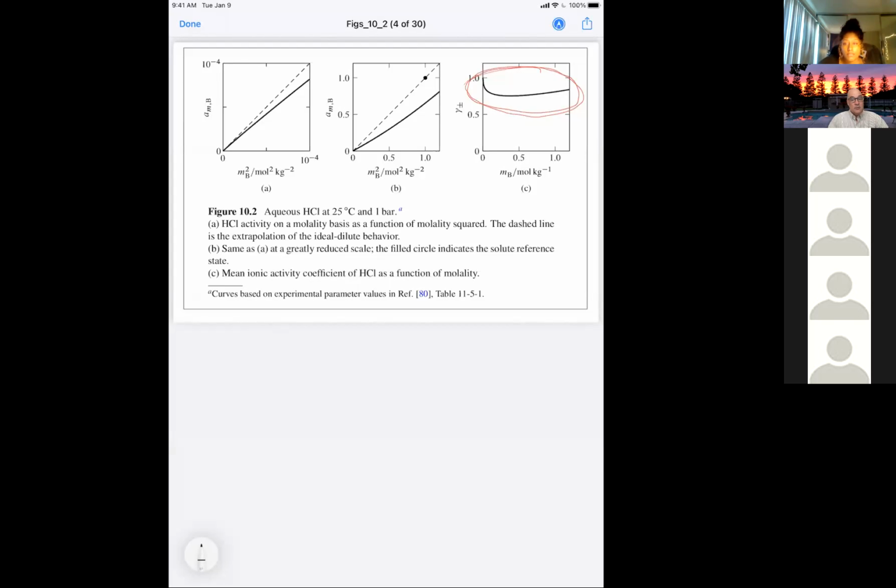And let's think about what it would mean for a gas, right? So if we think about the activity or the activity coefficient for a gas, the vapor above a solution, if the activity coefficient for a vapor above the solution is less than 1, it means essentially that less of it is vaporizing than we would think. Less of it is vaporizing compared to an ideal system, right? So something's holding it back.